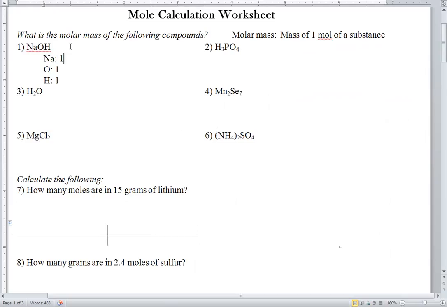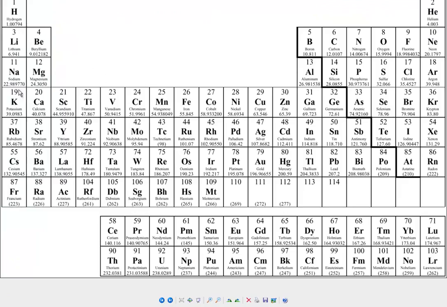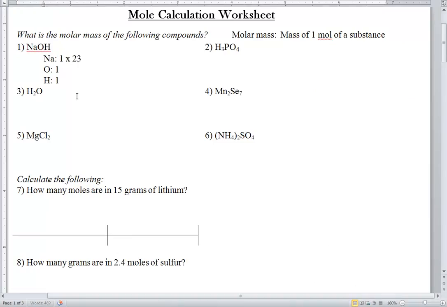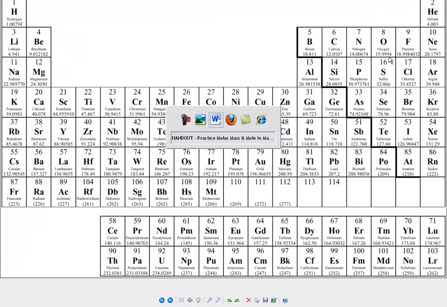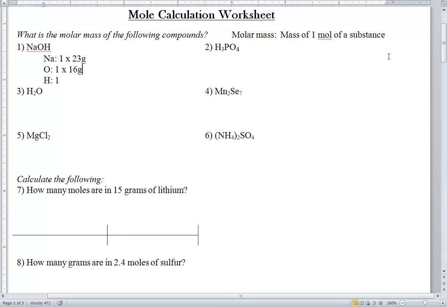So let's go back here. Sodium, we have 1 of them, and the molar mass of sodium, let's look back here, is 23. So 23 grams. Oxygen, same thing. We have 1 of them. Each one has a mass of, take a look, 15.9994. Round that nicely to 16. And finally for the hydrogen, I remember that as being 1 gram.